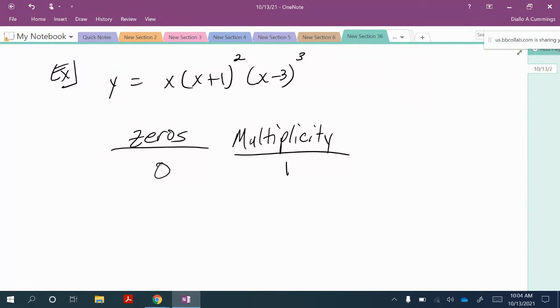If we take a look at the next factor, it's x plus 1 quantity squared. If we look inside of the parentheses, we see a linear factor of x plus 1. So in order to find the 0 given a linear factor, you simply reverse the process. I'll take the linear factor, x plus 1, set it equal to 0 and solve.